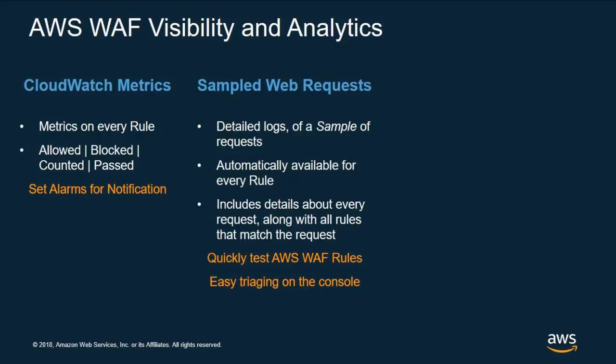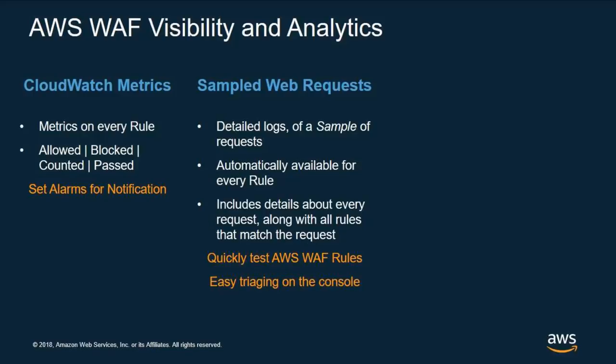WAF gives CloudWatch metrics on each one of these. And of course, whether you put your WAF on a count mode or a block mode, you still get metrics on each one of these. And you can set alarms on these metrics. For instance, you could set alarms on an elevated number of requests matching a particular rule, say a SQL injection rule.